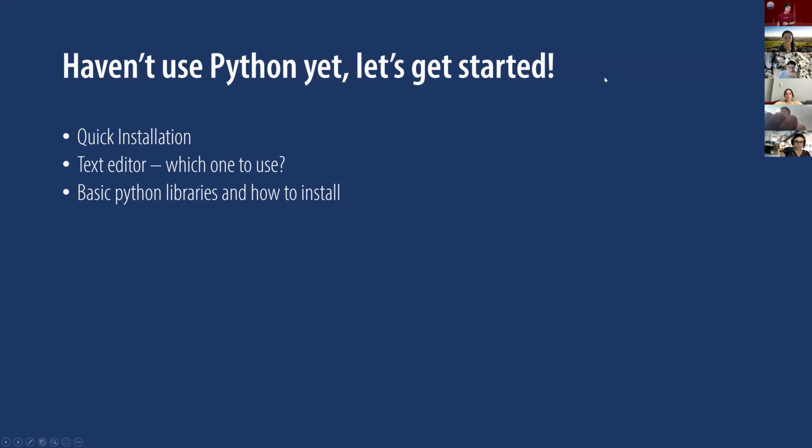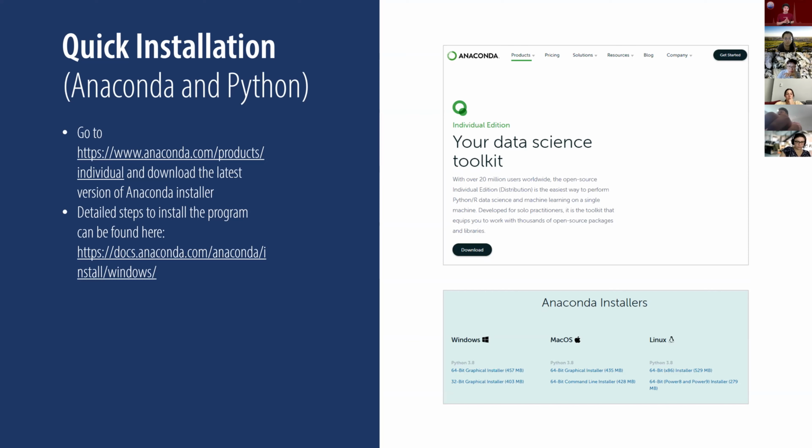To install Python on your computer, there are several ways we can do it. You can install only Python, which is a different method that I'm going to present today. But one way we can do it is to install Python using the Anaconda installation package.